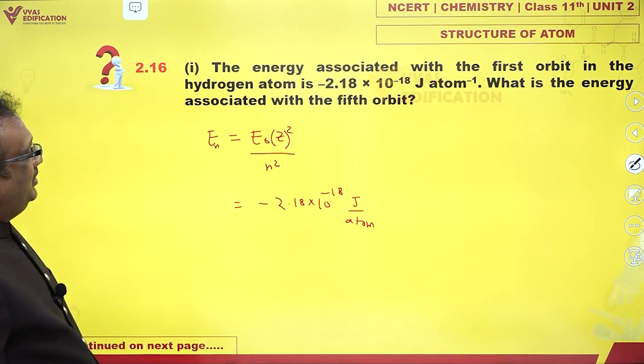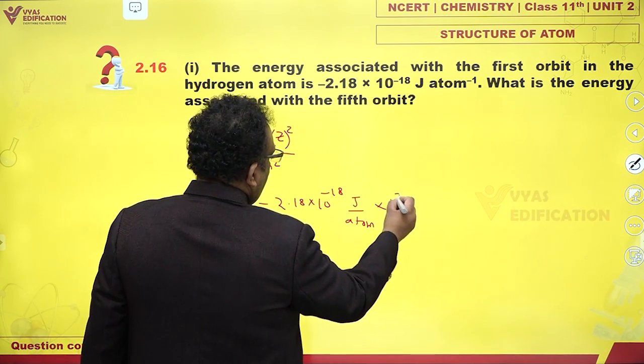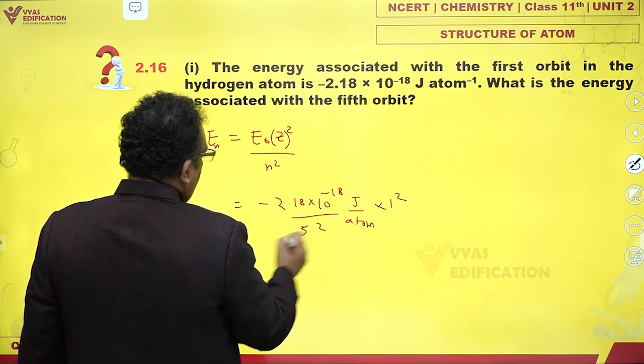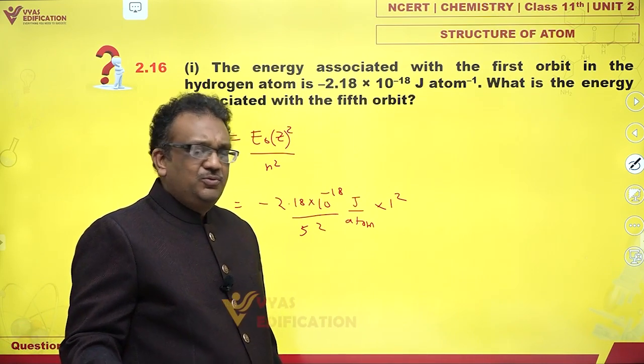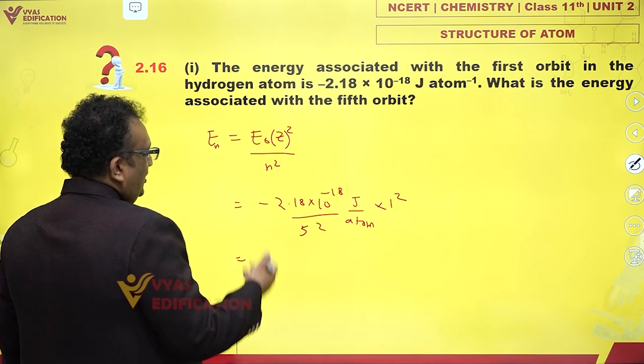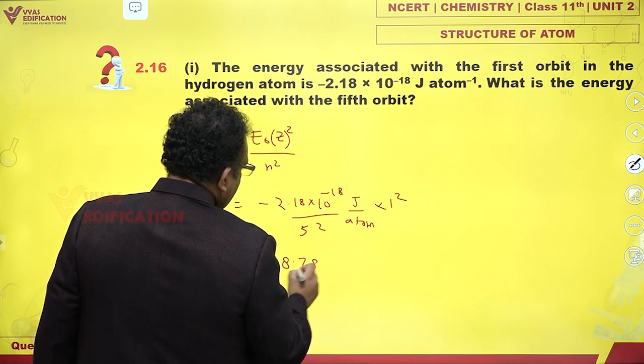Into Z square, 1 square, by n square, which is 5 square. So I just divide it by 25. Let's do that. That is 8.78.